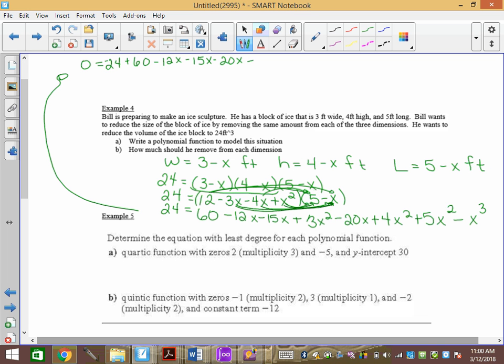Plus 3x squared plus 4x squared plus 5x squared minus x cubed. 8, 12. Minus 35 minus 47 plus 36.